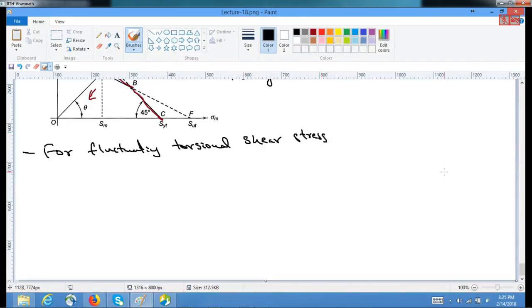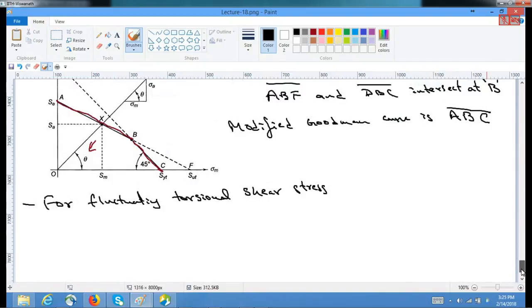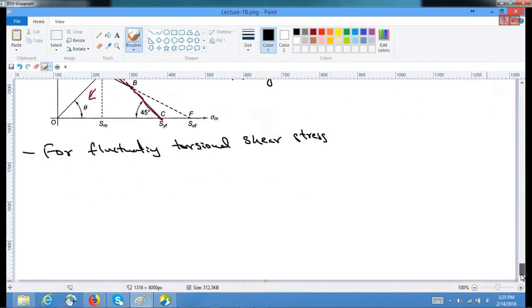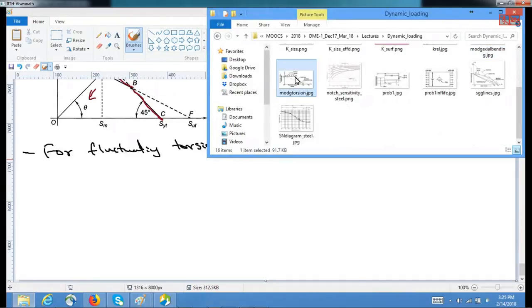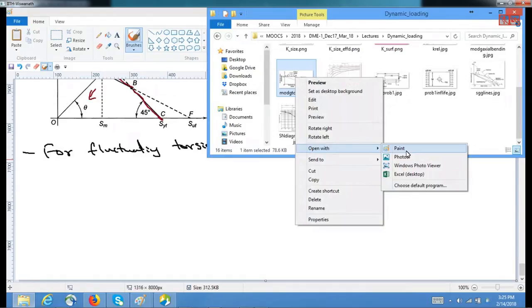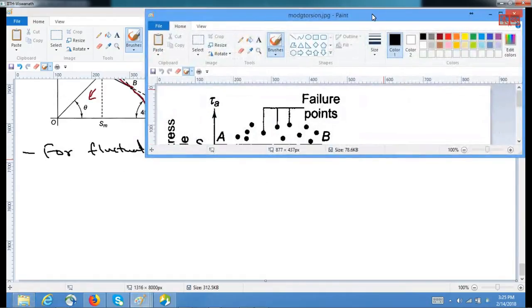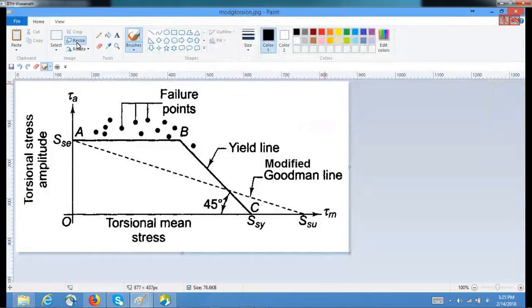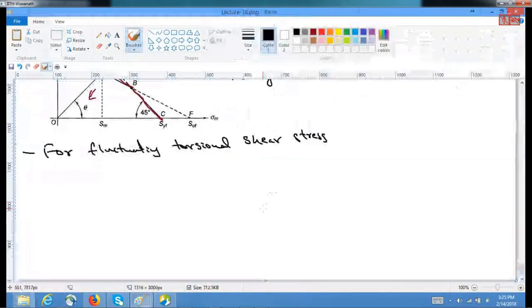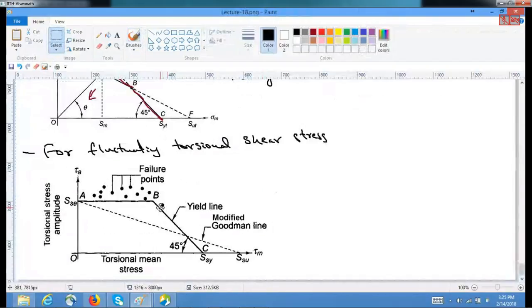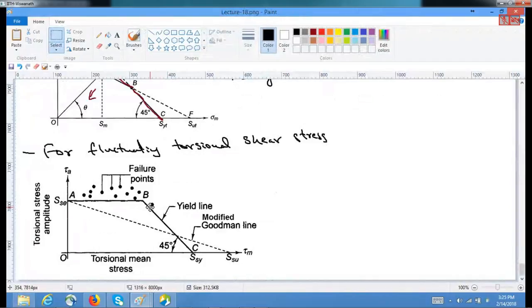In the fluctuating torsional shear stress, the mean stress does not affect the endurance up to a certain point, because the failure locus looks different. This has been observed experimentally.